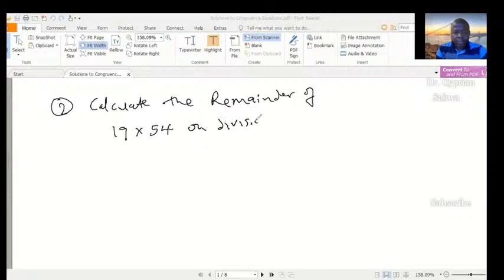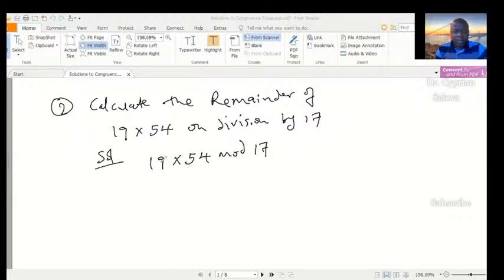This is also very simple. Mathematically, this means 19 times 54 mod 17. The question is, find this. In other words, what's the remainder when this product is divided by 17?